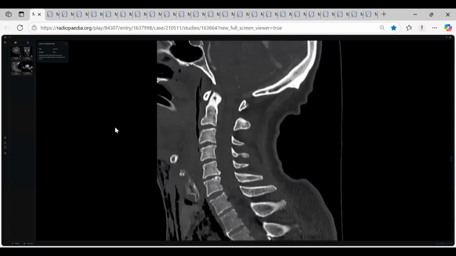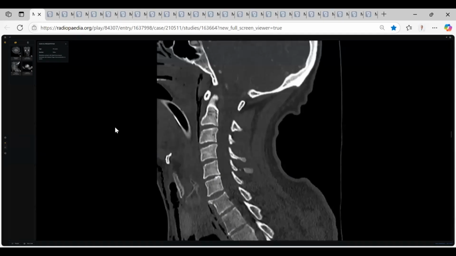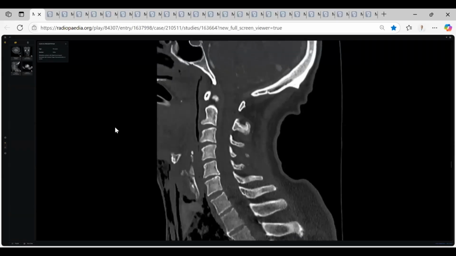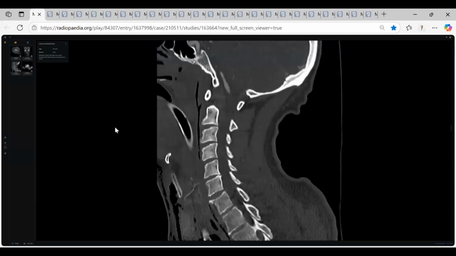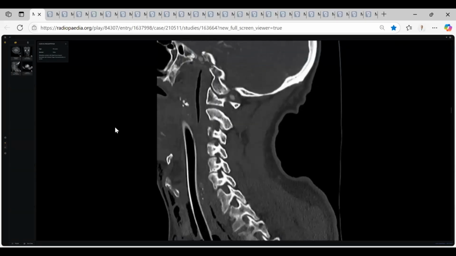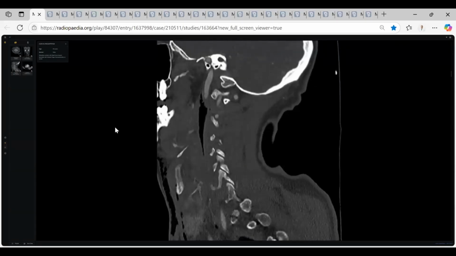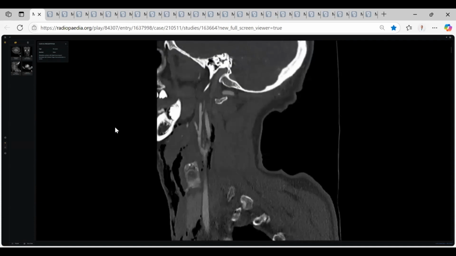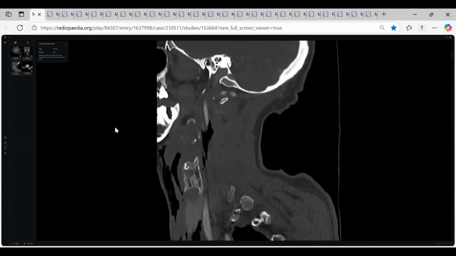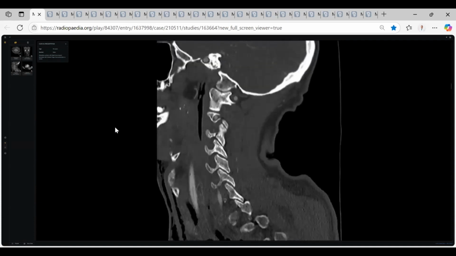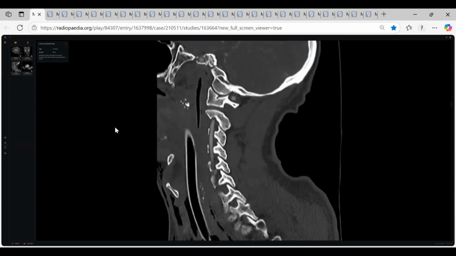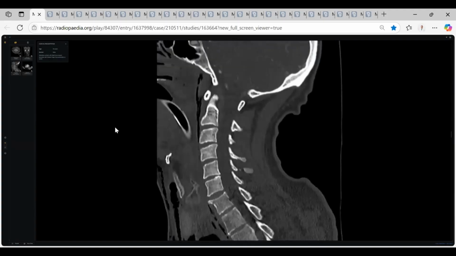I have been provided with the sagittal images of the neck, bone window. Sir, can you stop there?